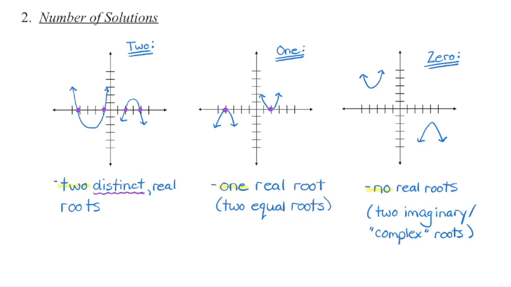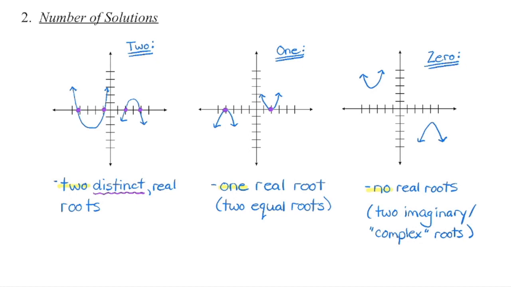We say we have 1 real root, so real just meaning it belongs to the real number system, or sometimes we'll also say we have 2 equal roots. So in this particular case, we have 2 distinct roots, different values for x, 2 equal roots, both of them have the same value.